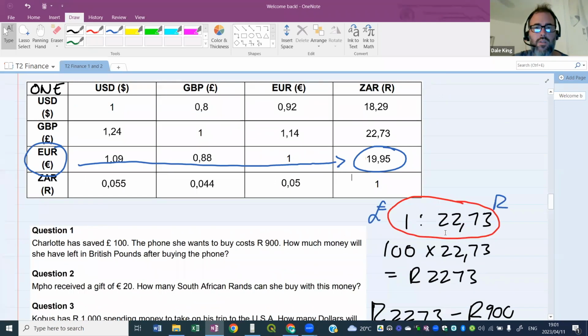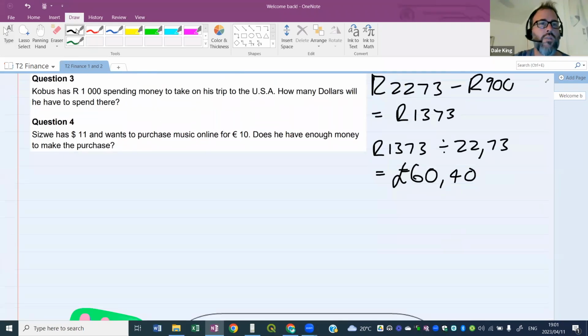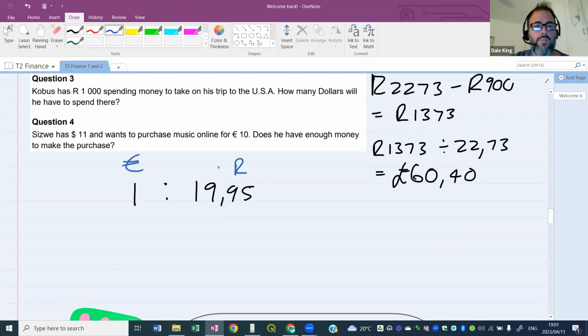So 19.95. Let's build the ratio. So €1 is to 19.95 Rand. I'll put the symbols there as well, rands there and euros there. From here, they say the person has 20 euros. How many rands will they have? What we're doing to the euros is we're changing it from a 1 to a 20.